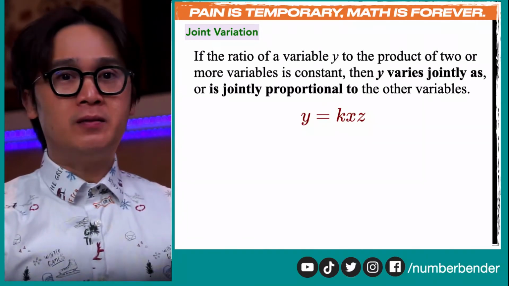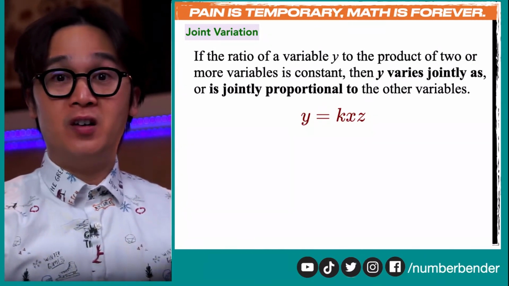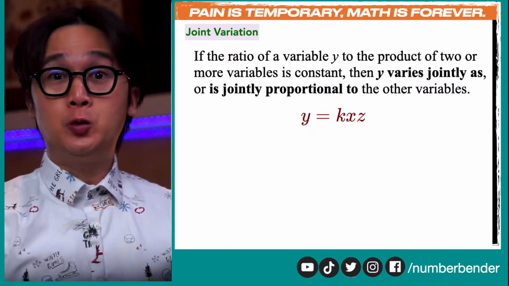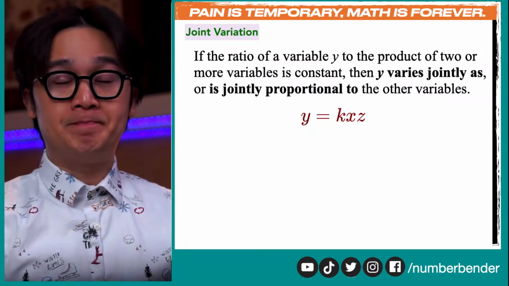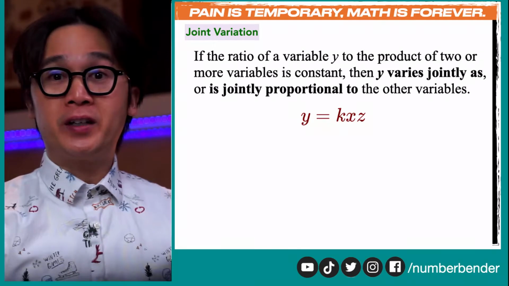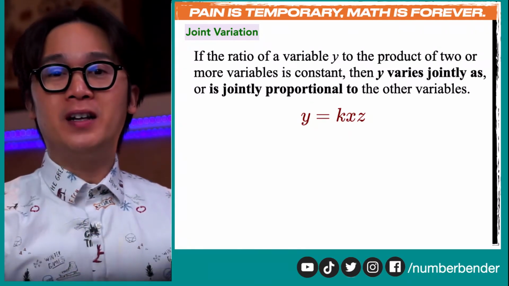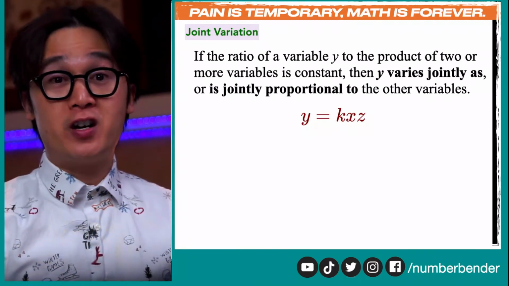In this particular relationship, if the ratio of a variable y to the product of two or more variables is constant, then y varies jointly as, or is jointly proportional to, the other variables.